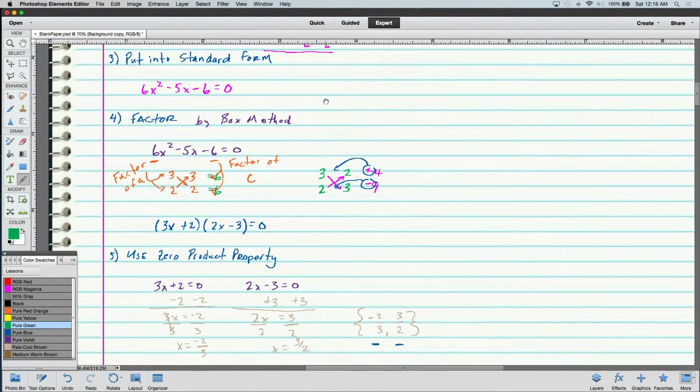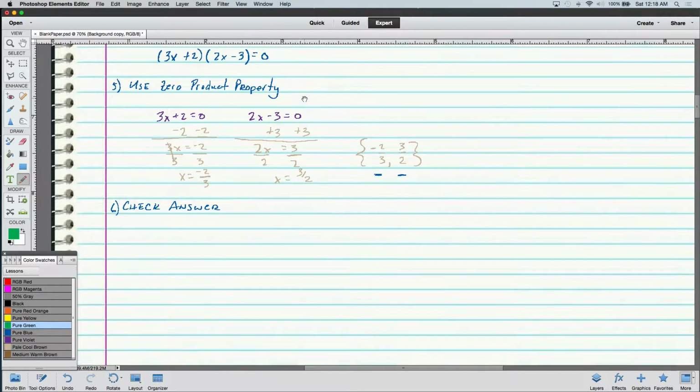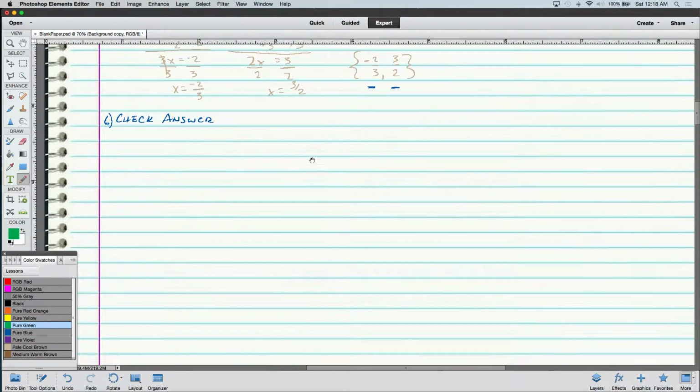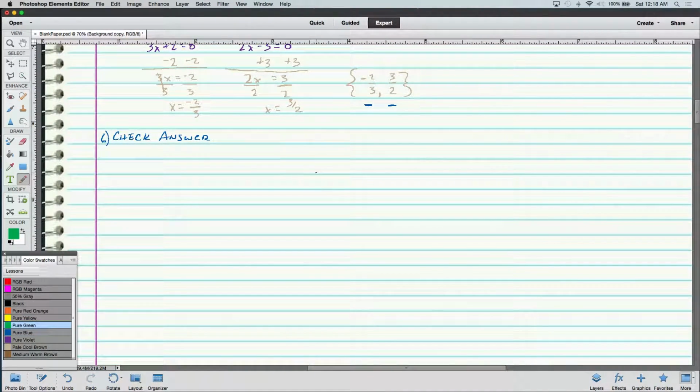So that doesn't necessarily apply to this particular problem, the restrictions, because we both got different values in 0. But if we were to actually check our answer, we would get 6, and we would just plug each one of these in here. Negative 2 over 3 minus 5 equals 6 divided by negative 2 over 3. And as long as this checks out, we know that we have the right answer.